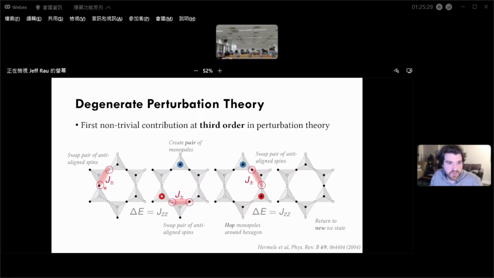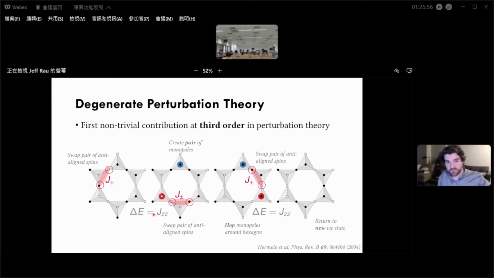If I take a bond that has two different spins, this transverse exchange has an S plus and S minus, and it'll just swap them, right? It'll switch filled for open and open for filled. And so if I apply that perturbation, what happens? Well, I flip the spin here and I flip the spin here. So this is going to make monopoles, it's going to make defects. If you just stare at it for a second, you'll see you make a monopole here and a monopole here, right? So now we're out of the ground state manifold.